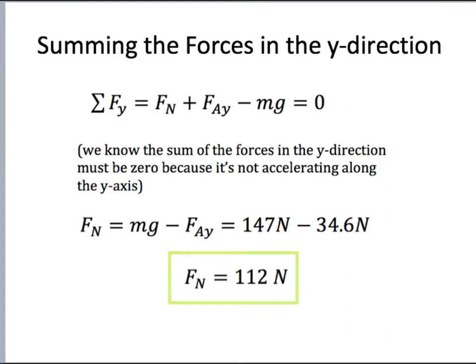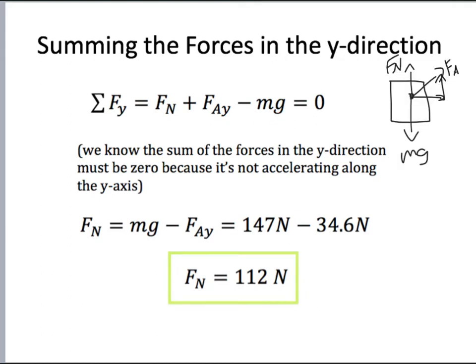So what do we do? We break our forces into x and y directions, and we do the sum of the forces equals ma. Now, in this case, we have the y forces, which includes the normal force, the vertical component of the applied force, and then the weight, which is in the negative direction.